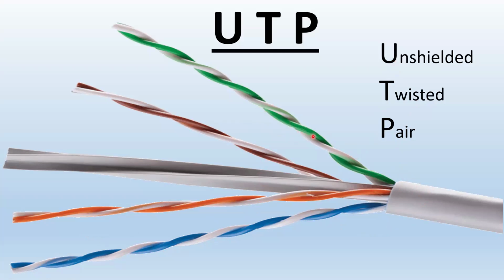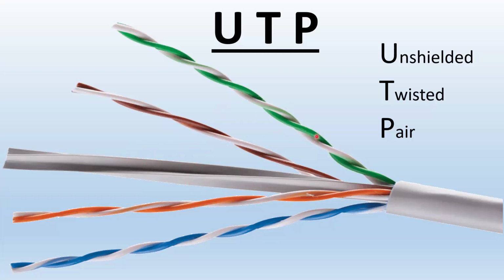The pairs are being twisted so the magnetic field doesn't have enough constant accumulative power to affect the other, because if there was a straight wire, the magnetic field would be nice and uniform and it can easily induce electricity flow in the other pair.